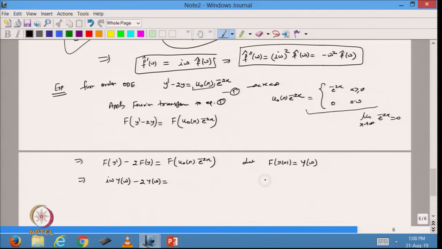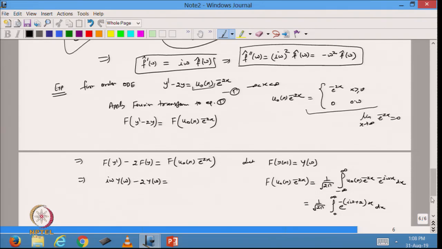So, let us do this one. The Fourier transform of u naught x e raised to power minus 2x will be the integral from minus infinity to infinity of u naught x e raised to power minus 2x, and this quantity will be again from 0 to infinity e raised to power minus (i omega plus 2) x dx.